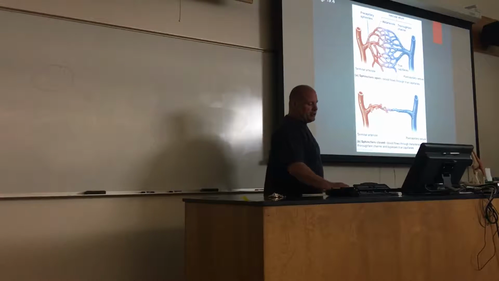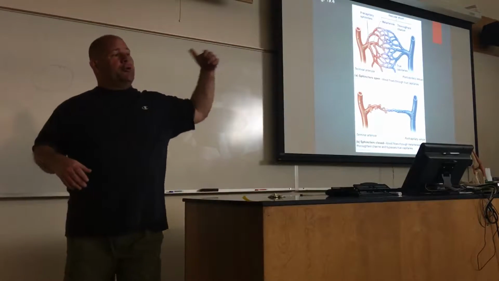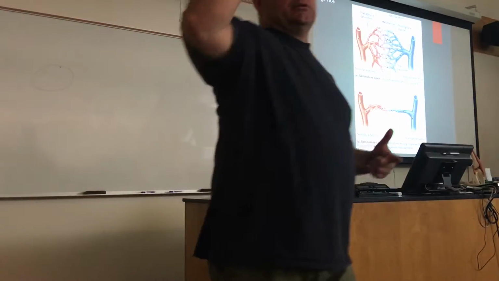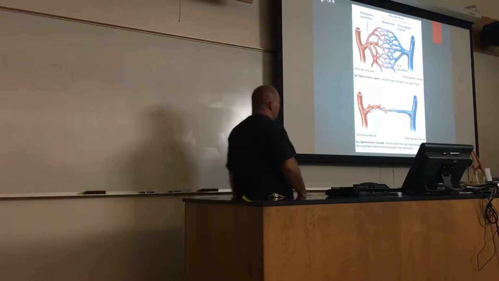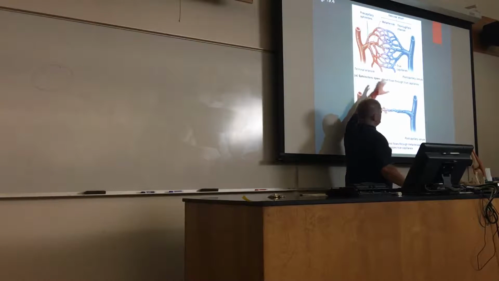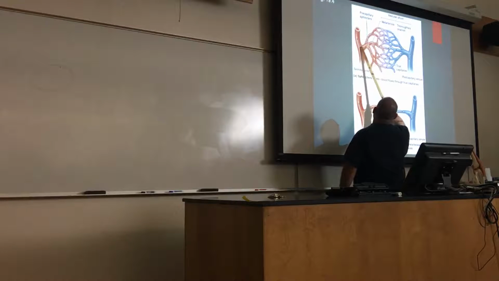What all terminal arteriole means is that I'm going to have branching from it. So we have arteries, arterioles, we have capillaries, we have venules, and then we have veins. So this process here is a terminal arteriole, and then I'm going to have what's referred to as a metarteriole that comes off of it. This is a metarteriole right here.